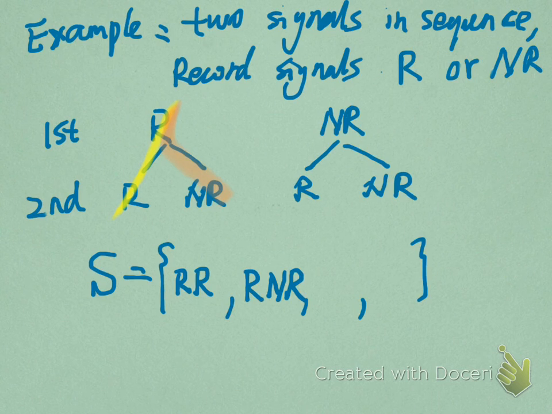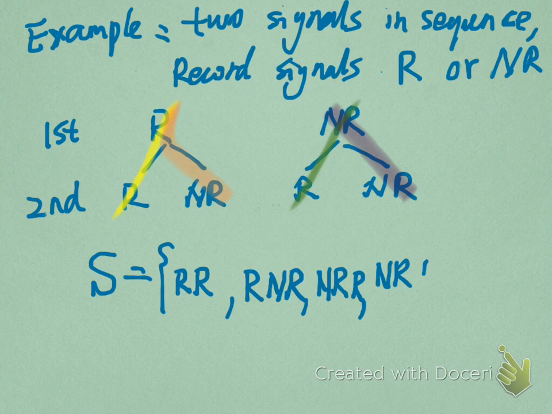For the next one, I change to a green color: we didn't receive the first signal, but we received the second one. And finally, for the last one, I use a purple color. This means I didn't receive the first one, and I also didn't receive the second one. So we know we have 4 possible outcomes, and we list all of them.